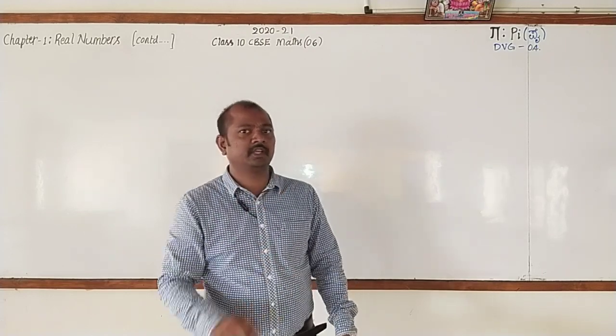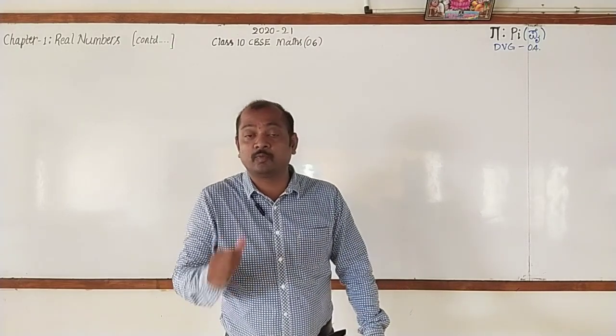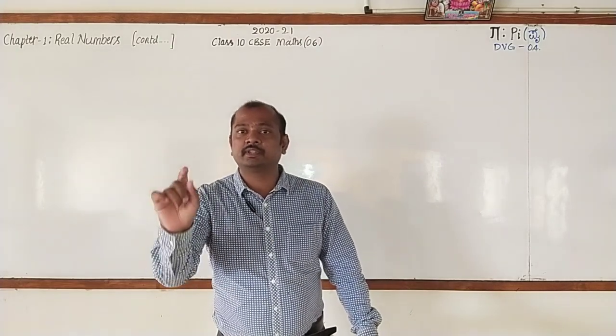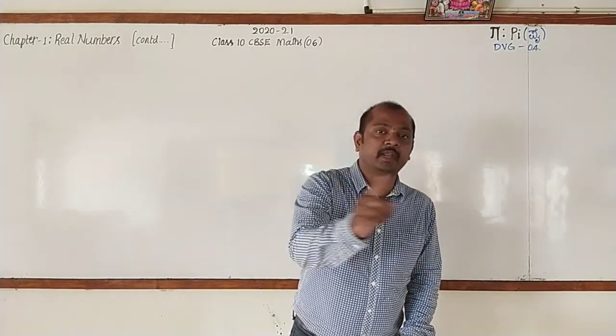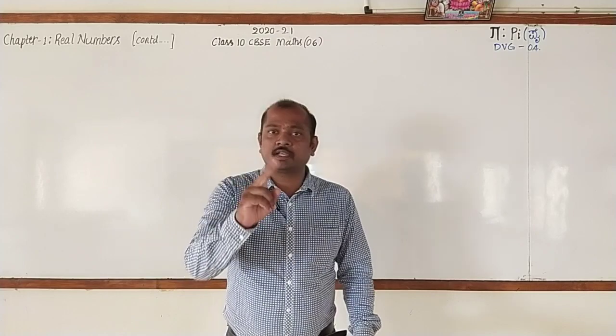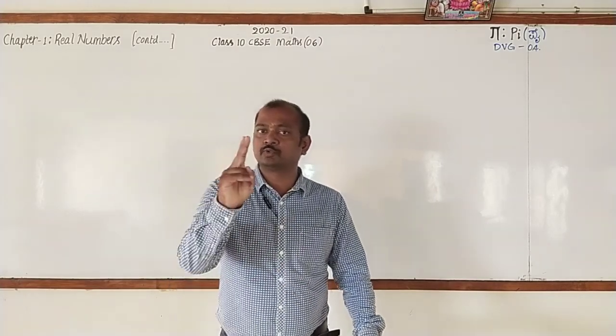What is that first application? It was all about prime factorization. Then what is it? It is the method of expressing the given number as the product of the prime factors. And the second one is the uniqueness of the fundamental theorem of arithmetic. It has two cases.